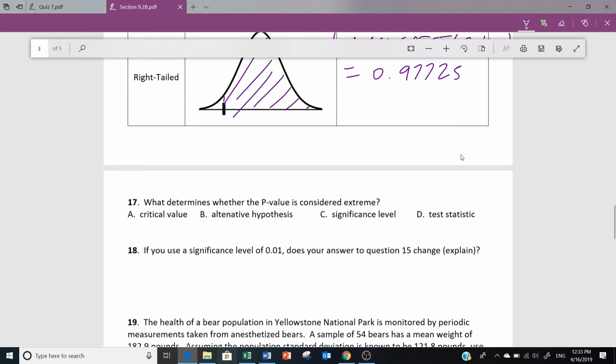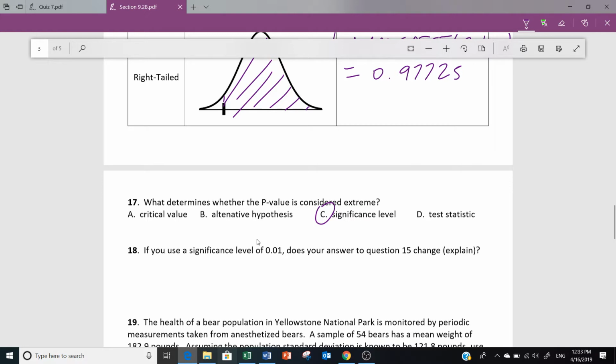So the critical value was what led to the... Oh yeah, you're right. The critical value. You're correct. It's a critical value, but the critical value is a z-value. We can just jump to the significance level, where the significance level tells you the percentage of extreme values. So here, you're actually going to look at the significance level.